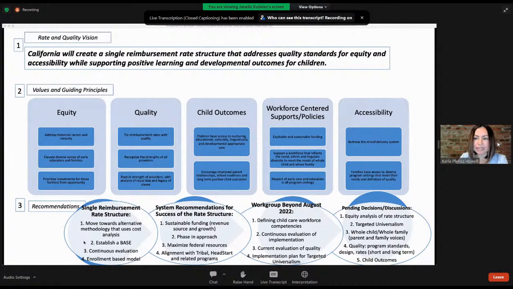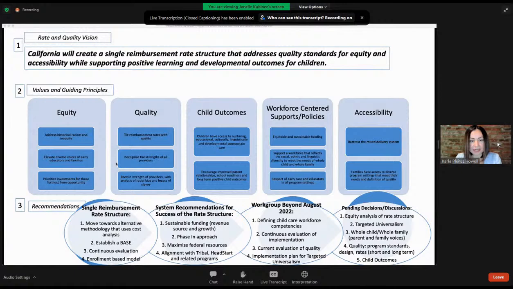So made pretty significant changes there based on your feedback. The other feedback that we received was the importance of connecting quality and child outcomes and at least reflecting these two values next to each other. As we look at the visual, we'll continue to think about how to connect those two and have those conversations, but made sure that we included that information based on what you all shared.